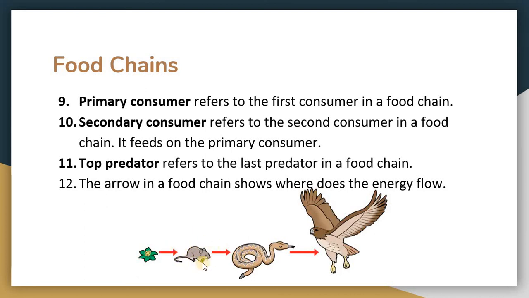So at this time, the energy is actually transferred from the mouse to the snake. And when the eagle feeds on the snake, the energy will actually transfer to the eagle, right? So that's it for food chains.